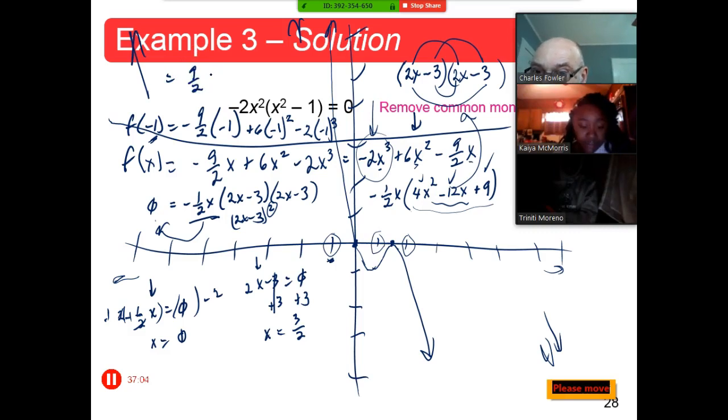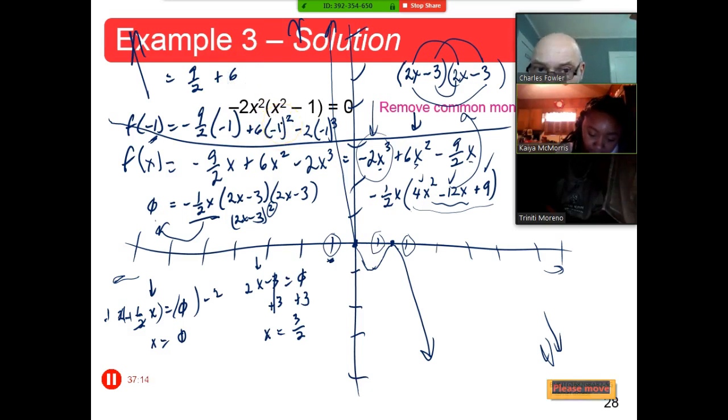Perfect. Okay, now -1 squared is going to be what? +1, so this will be a +6. Agreed? Okay, and then the next one, -1 cubed, is going to be -1 multiplied by a -2 is going to be a +2. Agreed?